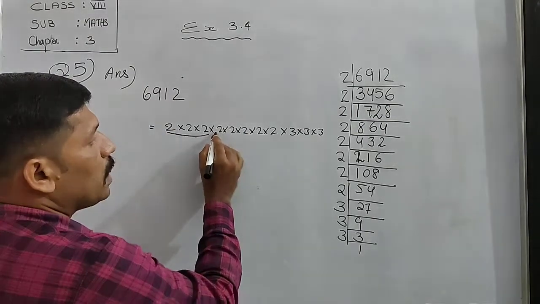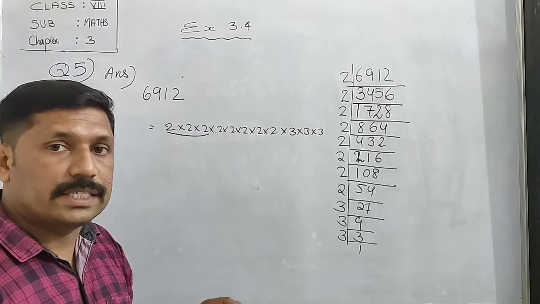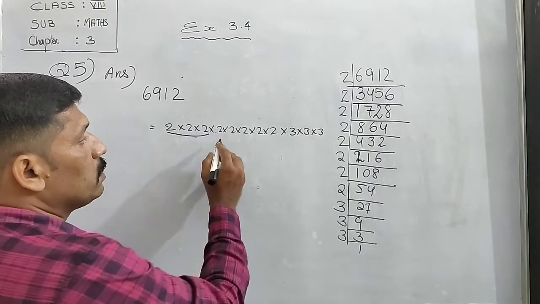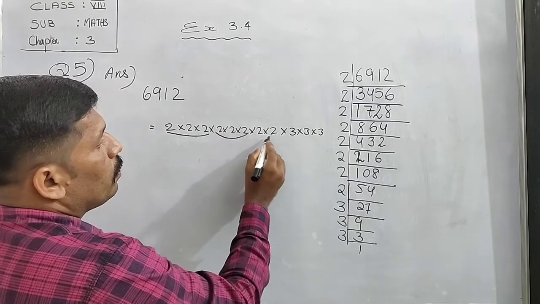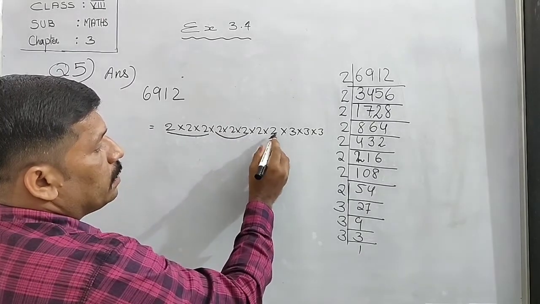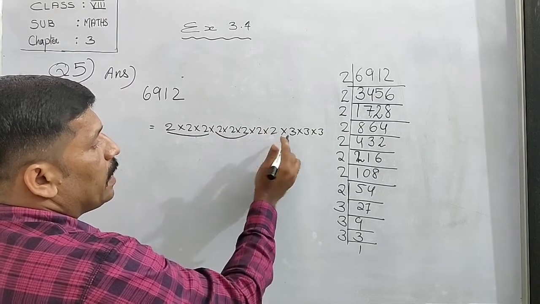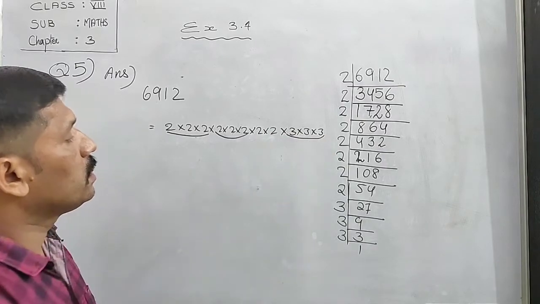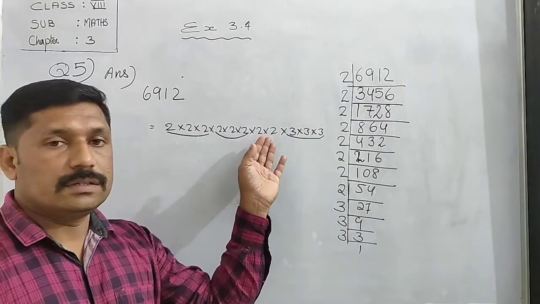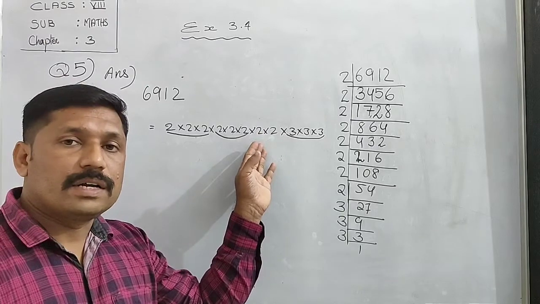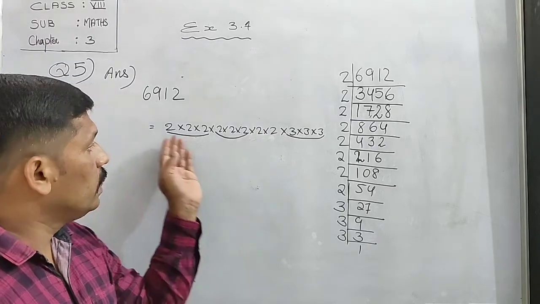These 3 can be grouped, and here we are grouping 3 factors in one group because it is a cube. Therefore, the remaining ones cannot be paired. Listen here, these 2 2's we cannot group.